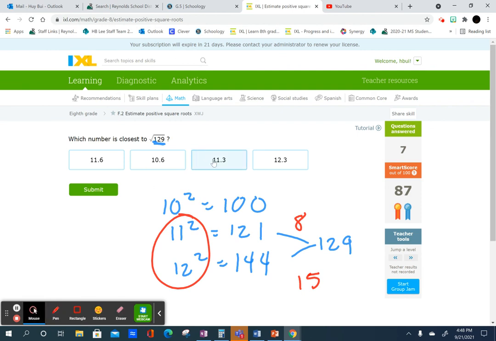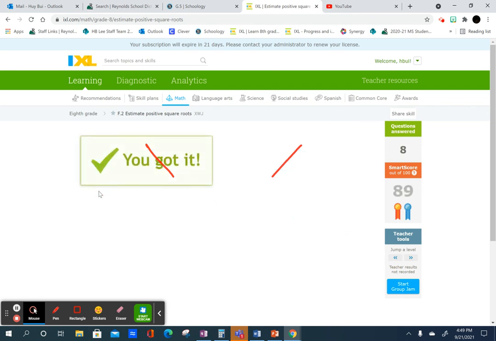So 11.3 is closer to 11. This 10.6 is less than 11. So I'm going to say that can't be it. This is more than 12, so that can't be it. And this is closer to 12, so that can't be it. So here we go. Use some reasoning skills, and that should be correct.